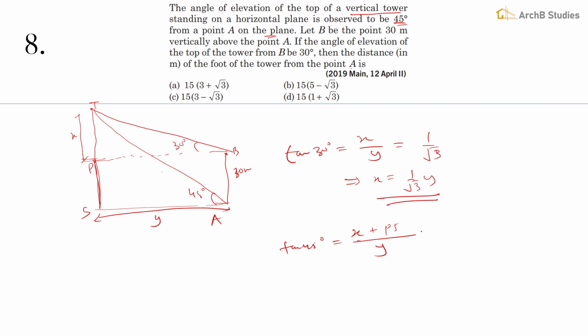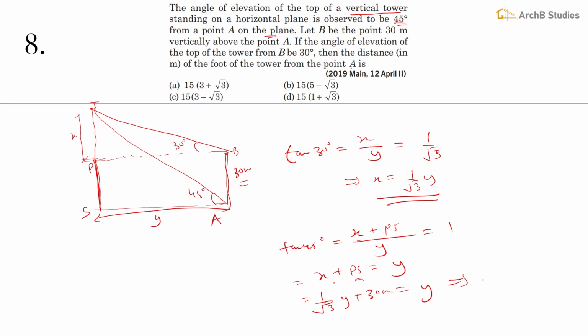Tan 45 is 1, so x plus PS will be y. For x we have 1 by root 3 y, plus PS. PS is this value, that is 30 meters, which is equal to y.